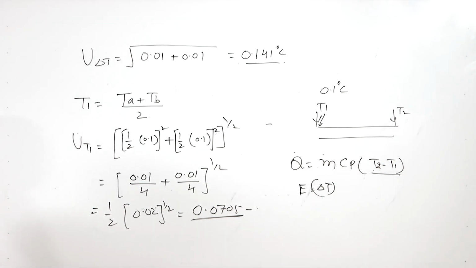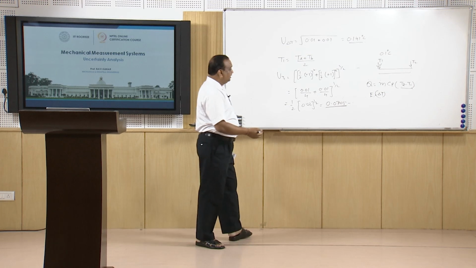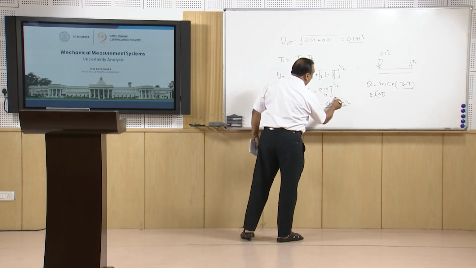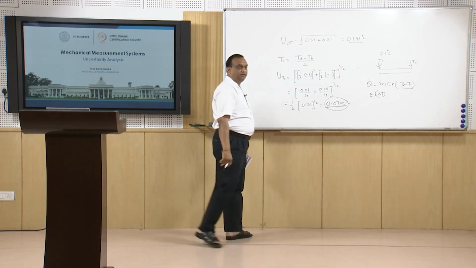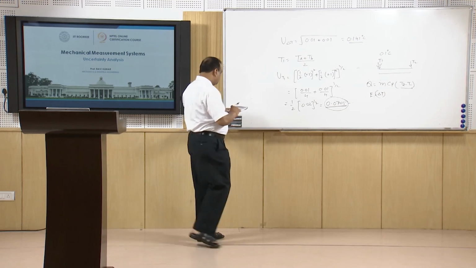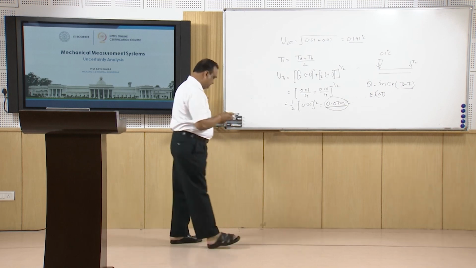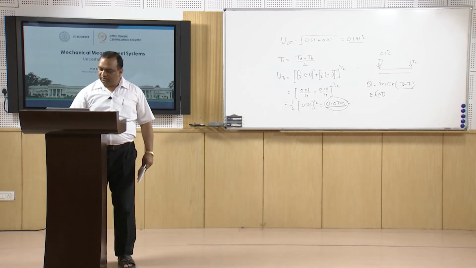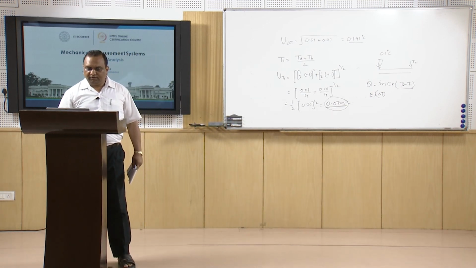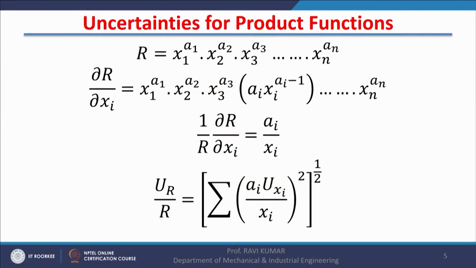Likewise, we can have a bunch of thermocouples if we take the average value. The uncertainty in the measurement or accuracy of the measurement shall improve. Now, after this, we will take up a case where we have R as a product of different parameters.